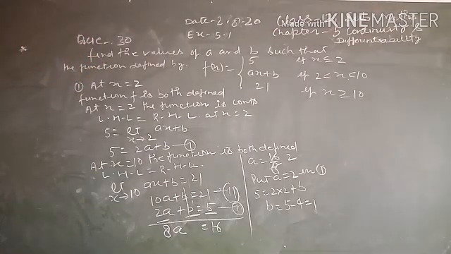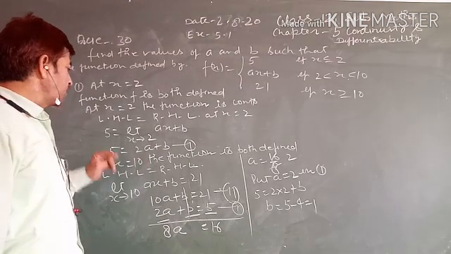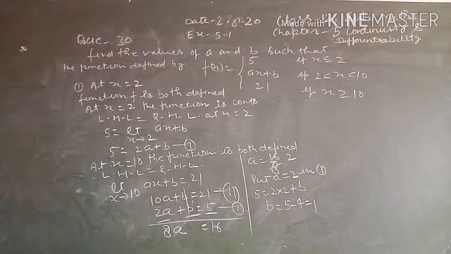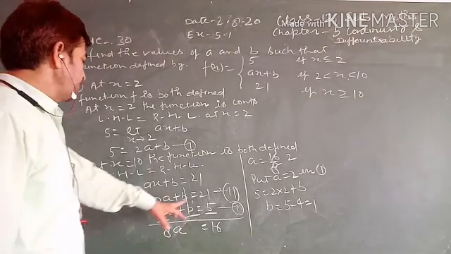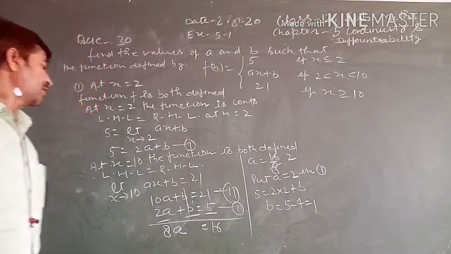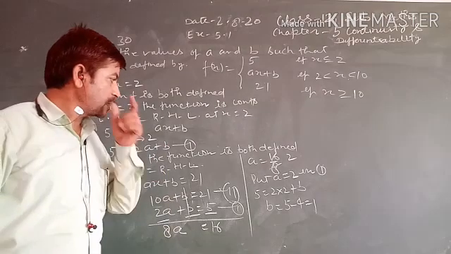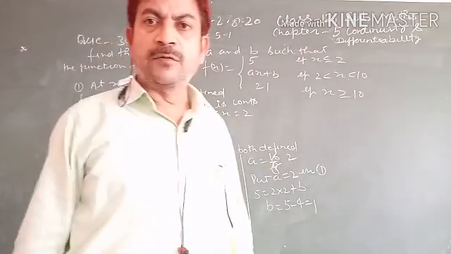I calculated LHL and RHL at x equal to 2 and put them equal, got a relation 2a plus b equal to 5, and at x equal to 10 calculated LHL and RHL, got a relation 10a plus b equal to 21. On solving the first and second, finally got the values: a is 2, b is 1.